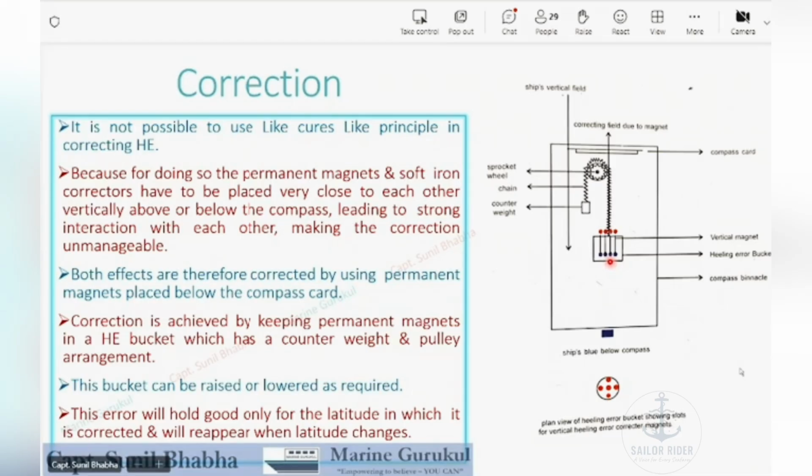So if a ship has a substantial induced heeling error and it crosses the equator, this correction will need to be done again. Because the induced heeling error has changed, we will need to redo the heeling error correction. Otherwise, it will make the compass card oscillate when the vessel is swinging, and it will be very difficult to steer the ship.